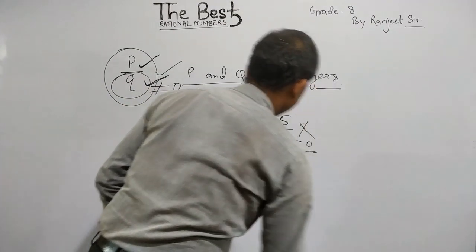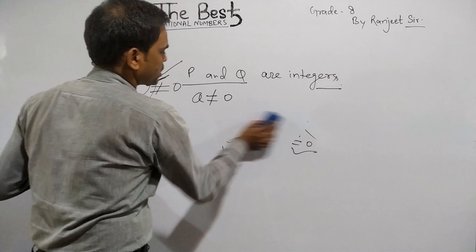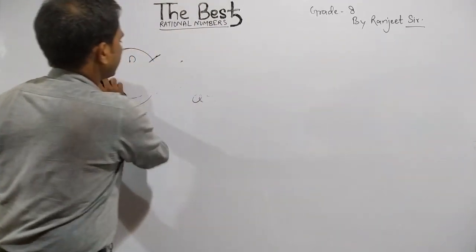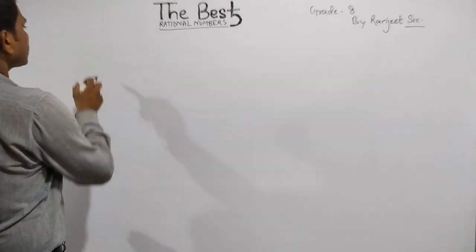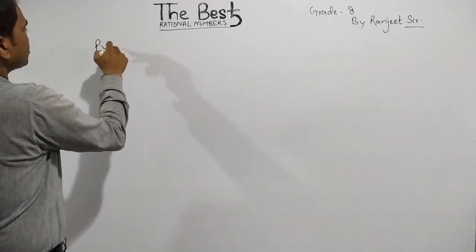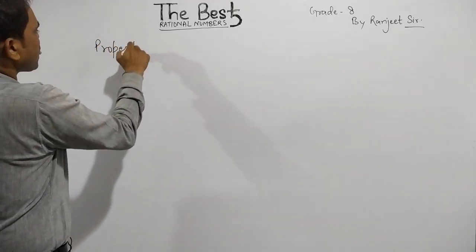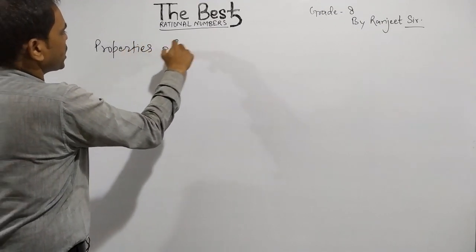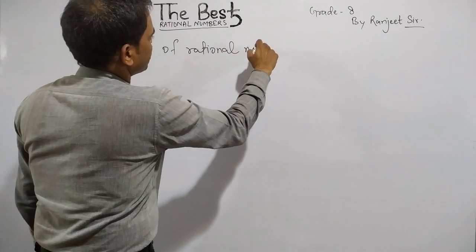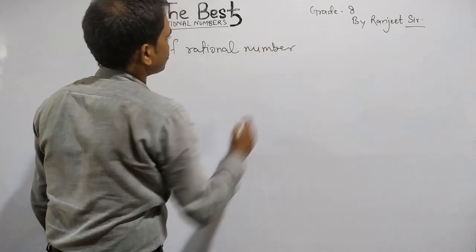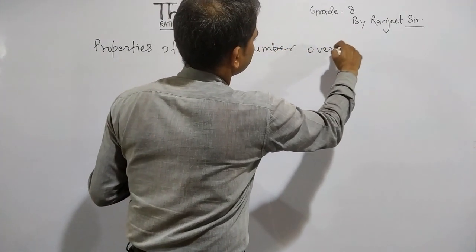Now the next thing I told you I'll do in this video is properties. First of all, properties of rational numbers over addition.